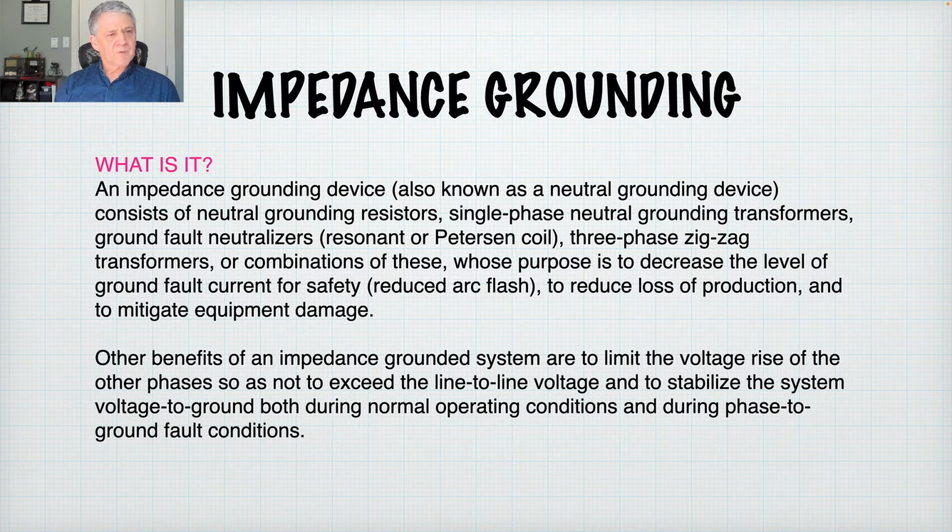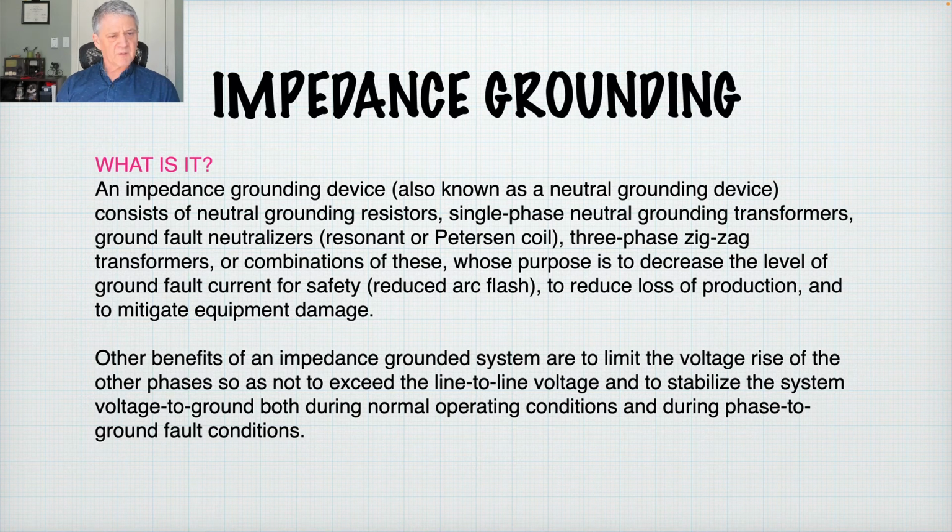An impedance grounding device, also known as a neutral grounding device, consists of neutral grounding resistors, single-phase neutral grounding transformers, ground fault neutralizers, resonant and Peterson coils, three-phase zigzag transformers, or a combination of these, whose purpose is to decrease the level of ground fault current for safety, reduce arc flash, reduce loss of production, and mitigate equipment damage.